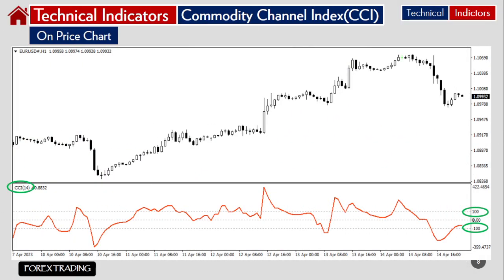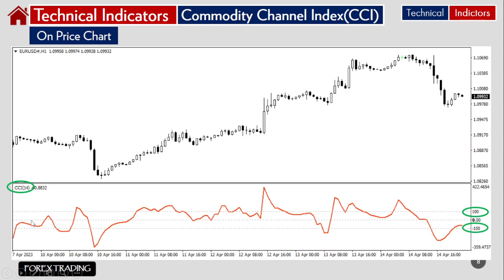So now let's look at how it looks on a price chart. Here on the first half of the screen, this is the price that's moving. This is the EUR/USD chart in H1, and when we apply Commodity Channel Index, this is how it shows up. There are two levels actually: plus 100 and minus 100.